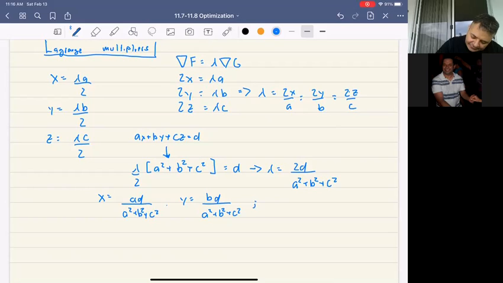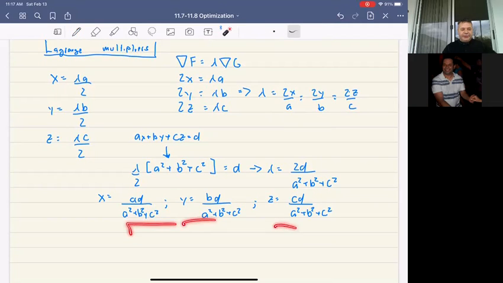And z is cd over a squared plus b squared plus c squared. Okay? All right, and then we could plug that in to find the distance. The distance would just be this squared plus this squared plus this squared.